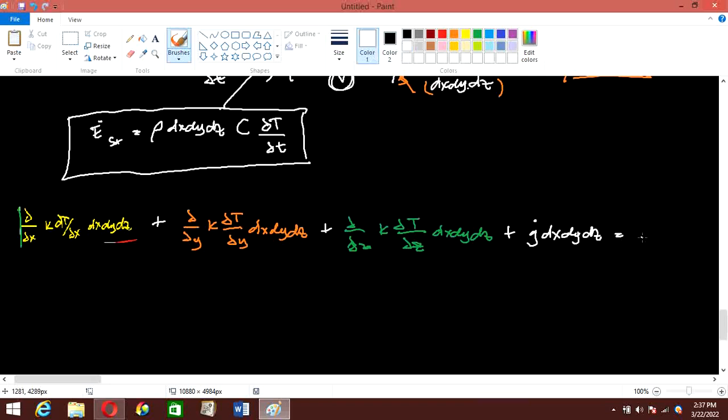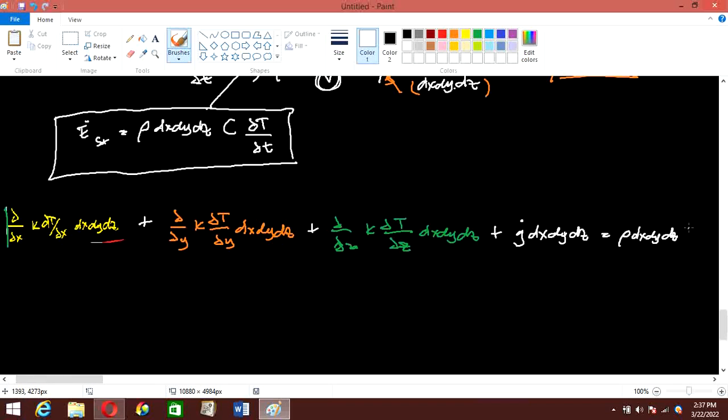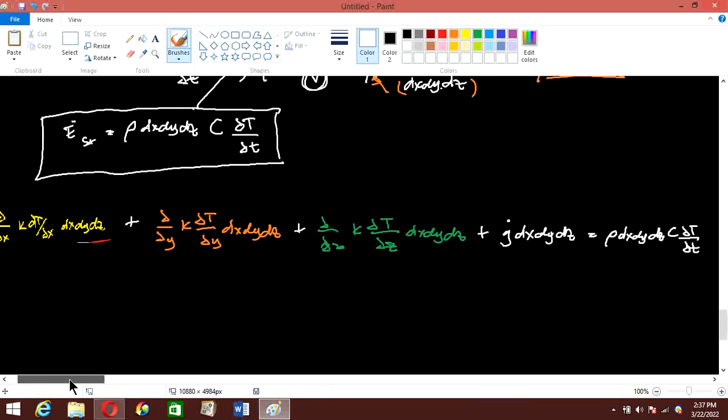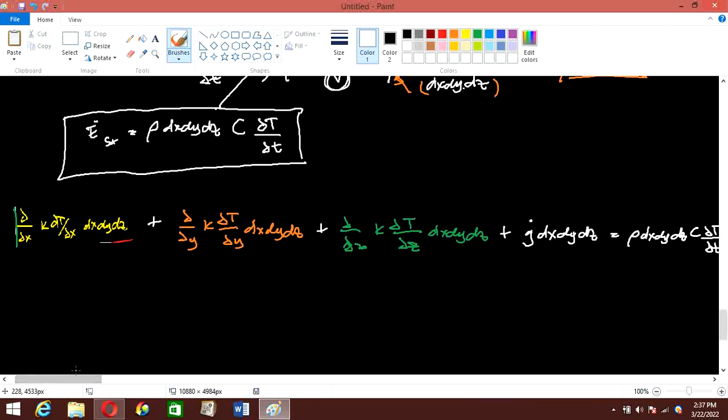So we have the density dx dy dz, c dT over dt. Okay, what did you notice? As you can see, all the terms have this expression dx dy dz, all of them, right? So we can easily cancel this out to simplify our equation.